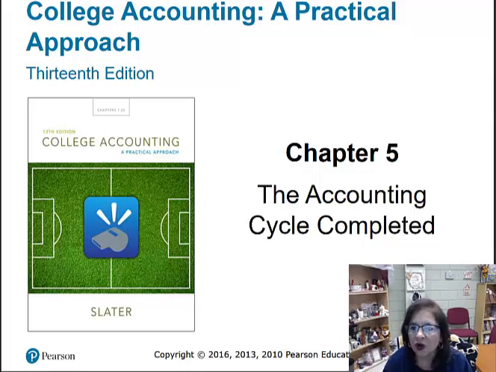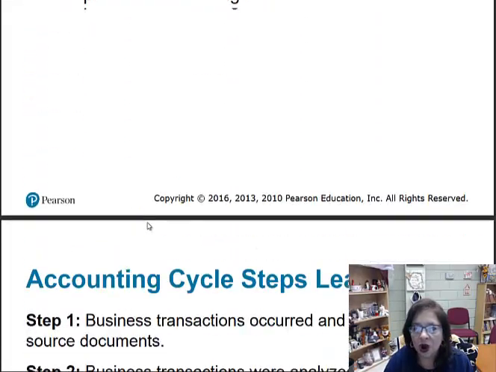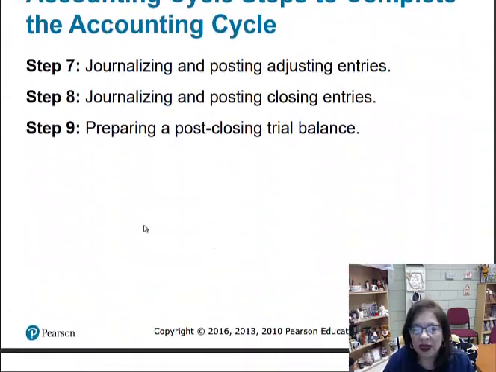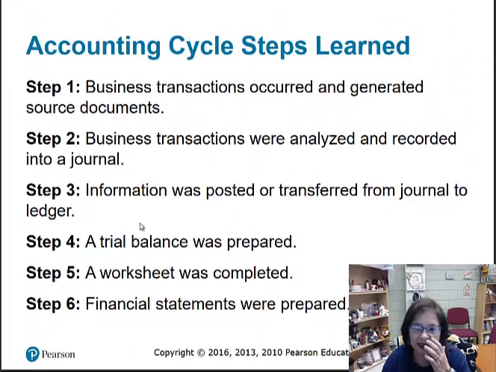Alrighty, guys, today we're going to go over Chapter 5, which is now the completion of the accounting cycle that we've been going on since the beginning of Chapter 3, Chapter 4, and now Chapter 5. So what we're going to start on is journalizing the transactions again.